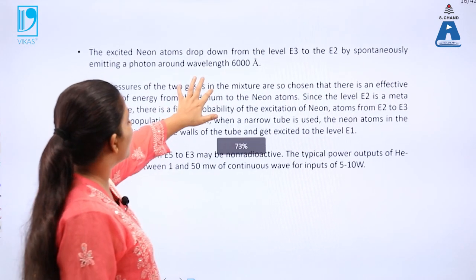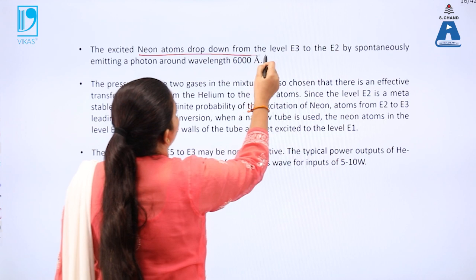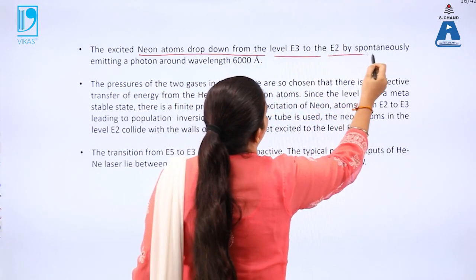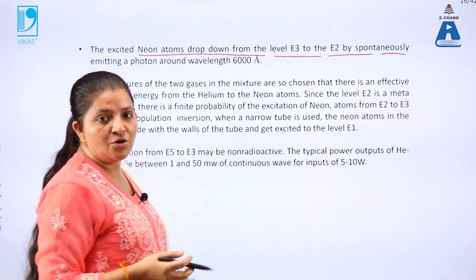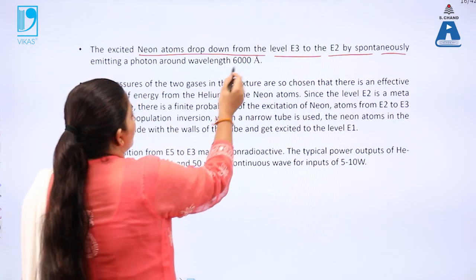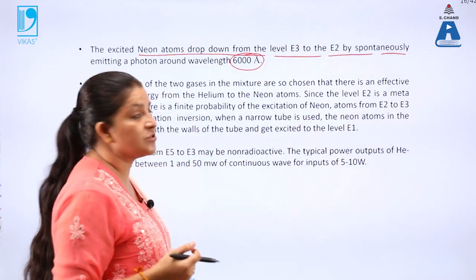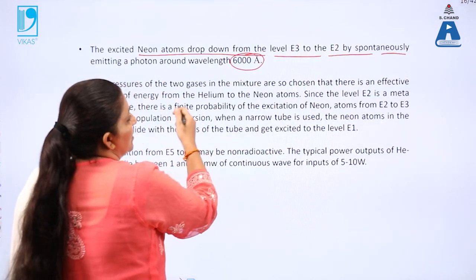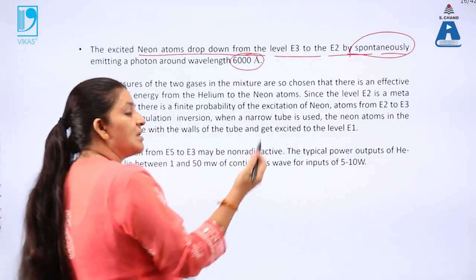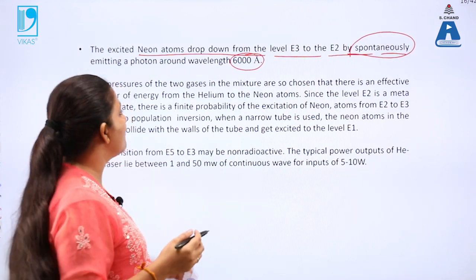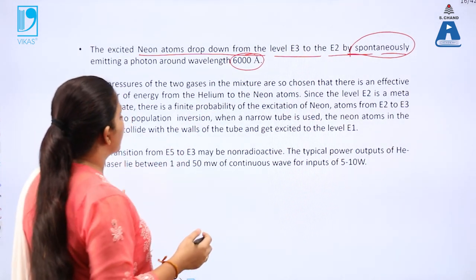The neon atoms drop down again from E3 to E2 level, where spontaneous emission also occurs. In spontaneous emission, the light produced, around 6000 angstrom, is of no use and is not used here.